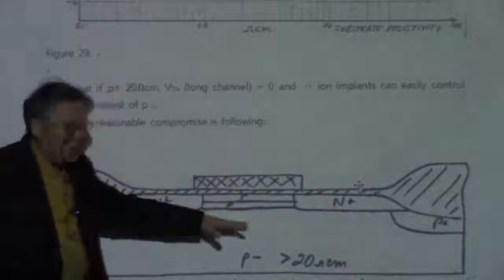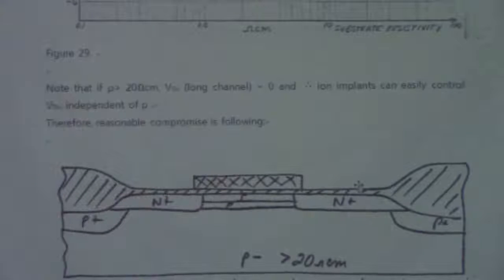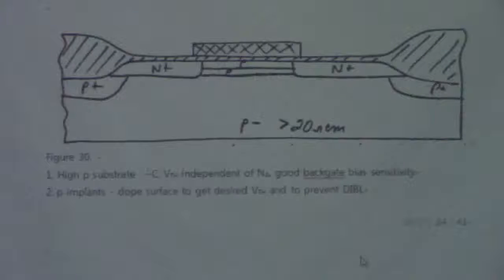We have to do some ion implantation to control the threshold voltage to get values like minus 0.7 volts in the PMOS case and plus 0.7 volts in the NMOS case. So we want to make it symmetrical. That can be done by ion implantation, channel implantations.